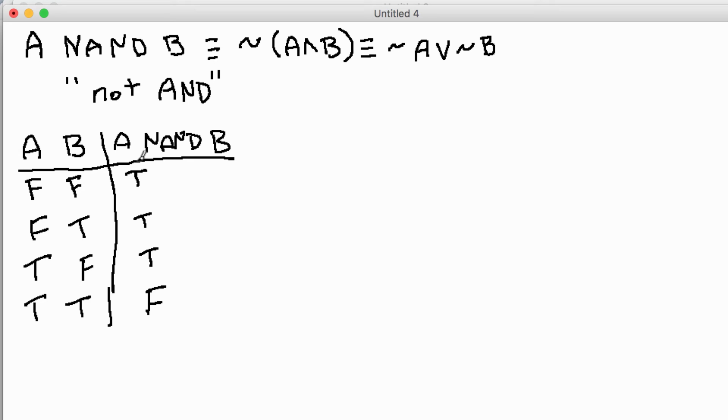So I want to consider a couple of things here. First of all, I'd like to consider, what is A NAND A?